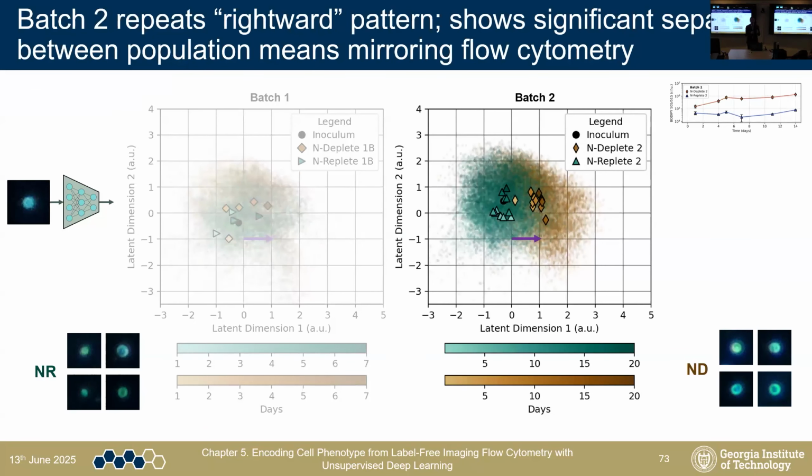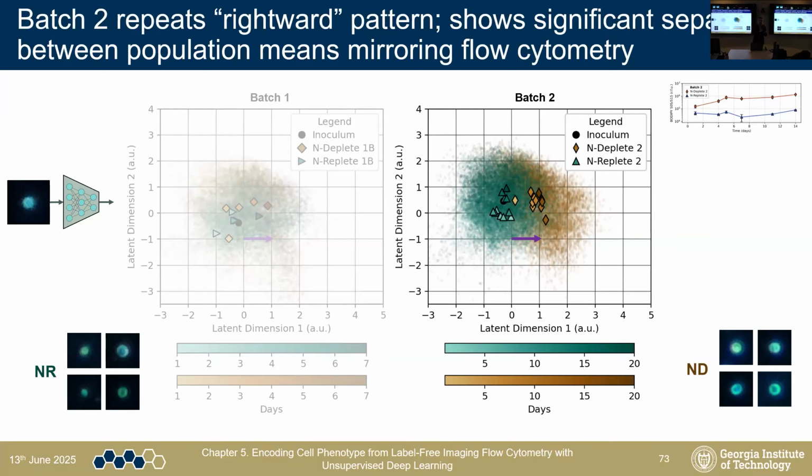Okay, batch two, same thing. Take all the pictures from batch two and put them through the encoder. This is the encoding, the 2D coordinates. Same thing, we see a rightward trajectory for everyone. And also, more importantly, we see a more distinct separation between the two classes, the two conditions, which is also what we saw in our ground truth flow cytometry.